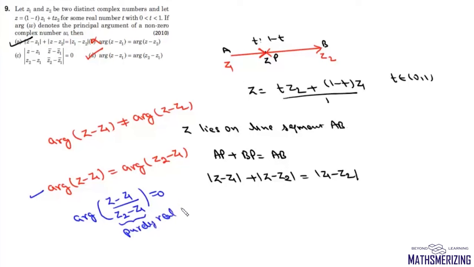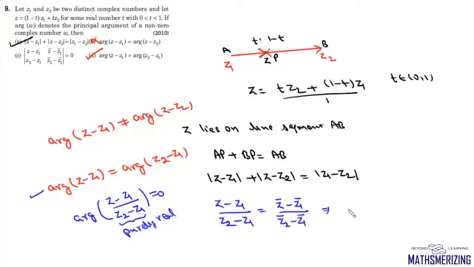And if the complex number is purely real, then Z equals Z bar. So we can write (Z minus Z1) upon (Z2 minus Z1) must be equal to (Z bar minus Z1 bar) upon (Z2 bar minus Z1 bar).